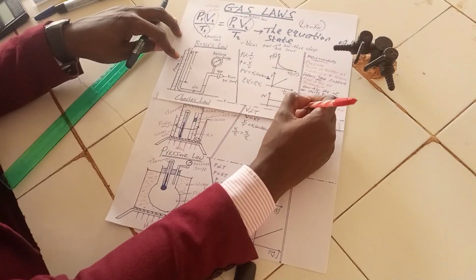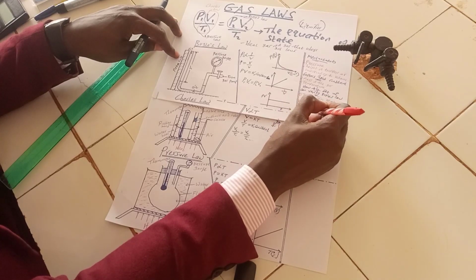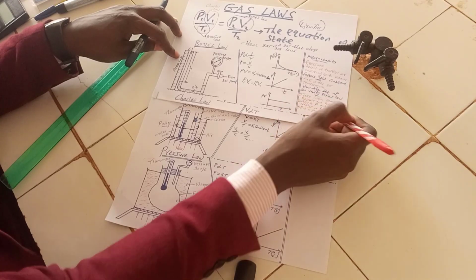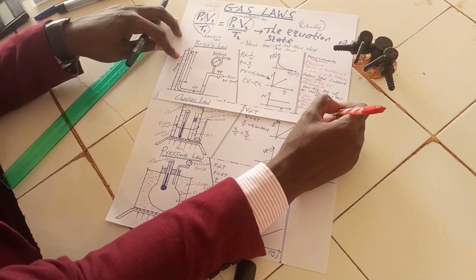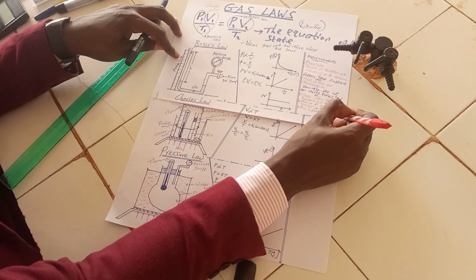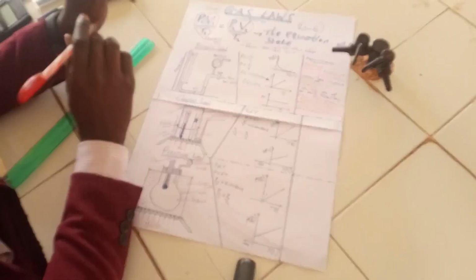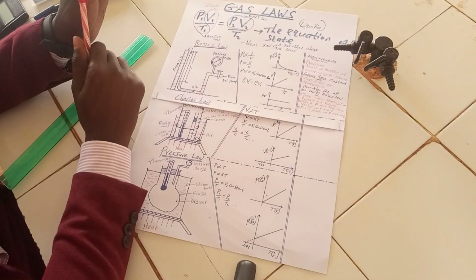Then the third point is plot a graph of pressure against reciprocal of volume. A graph of pressure against 1 over V. Then you must also tell us how the graph looks like.